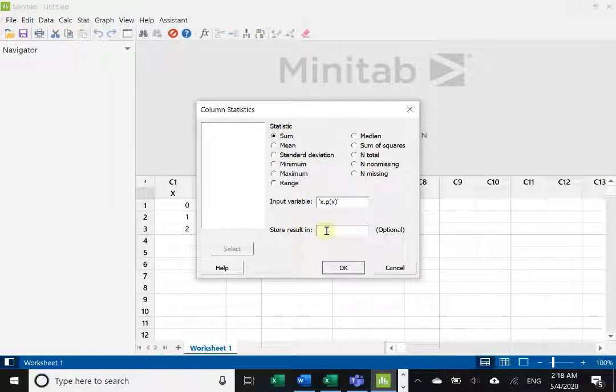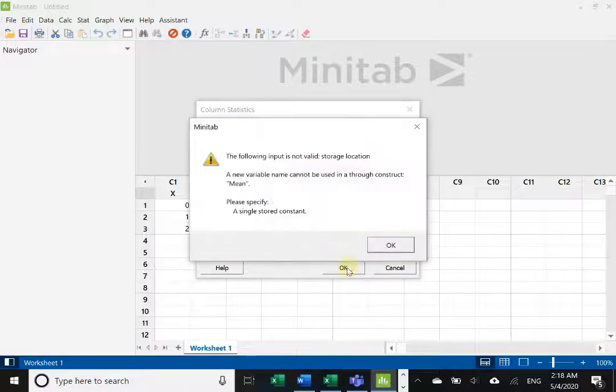Now, store results in, optional, it says. I'm going to store this in mean-x. It may not like that because of the x. Yeah, it doesn't like it. It says a new variable cannot be used in a through construct, mean, a single store.